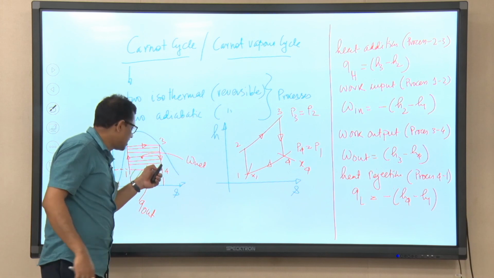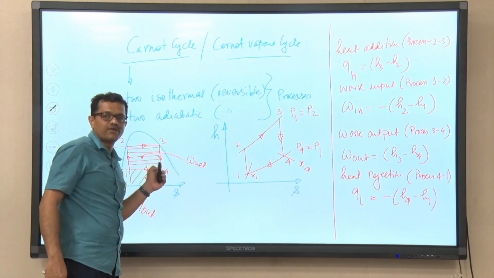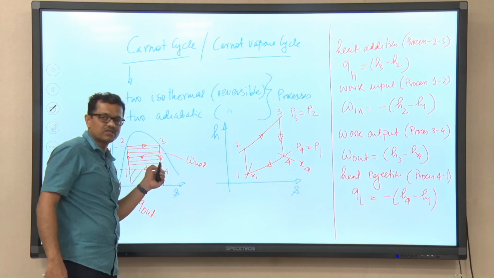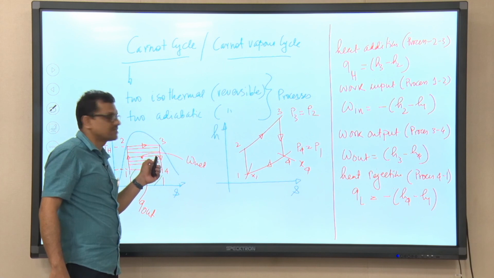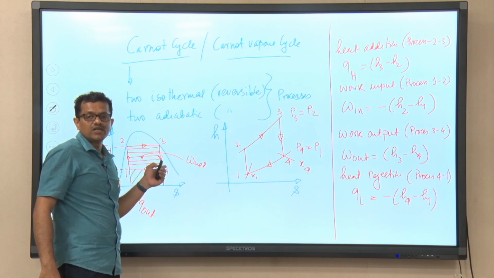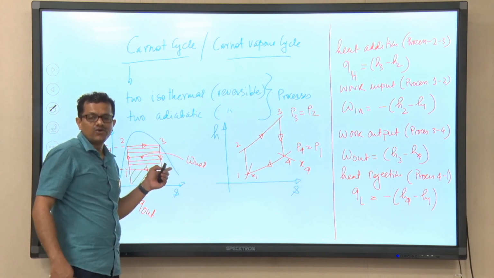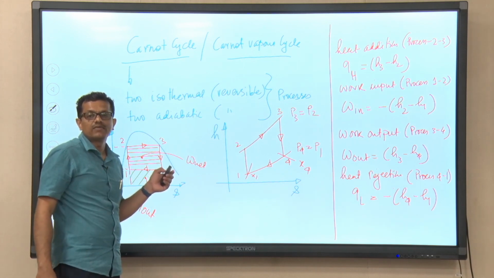The quality of the steam at the turbine exit is dictated by point 4. This is the expansion process, 3 to 4. For the poor quality, the moisture content of the steam at point 4 is very high, which will lead to another important problem, called turbine blade erosion.